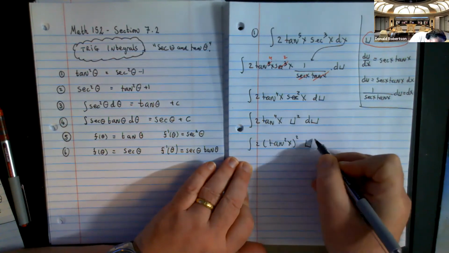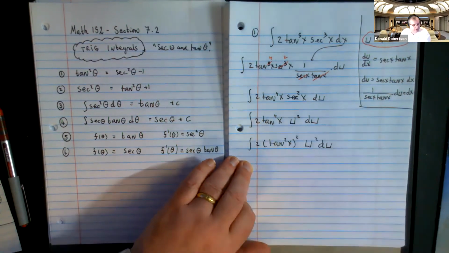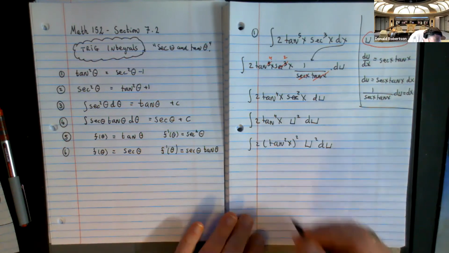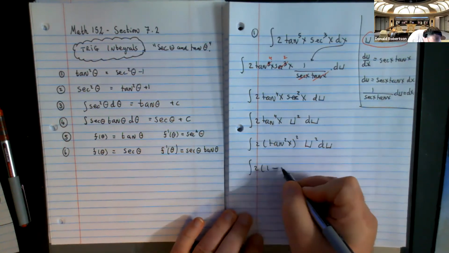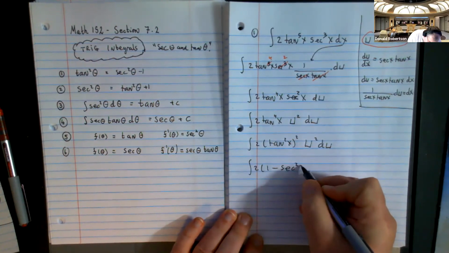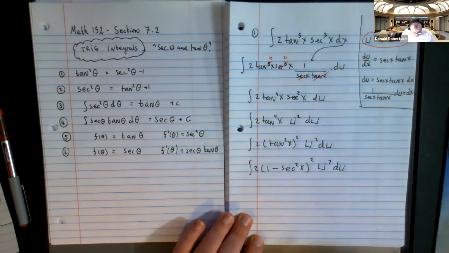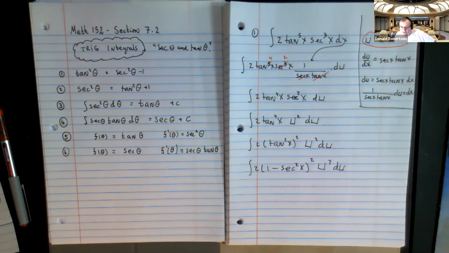be the same thing as tan squared squared? Are we comfortable with that? Now, the reason I'm doing that is so that I can turn it into secant squared minus 1, squared. Right? What do you think I'm going to do next?